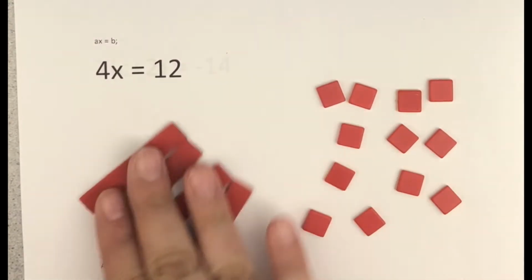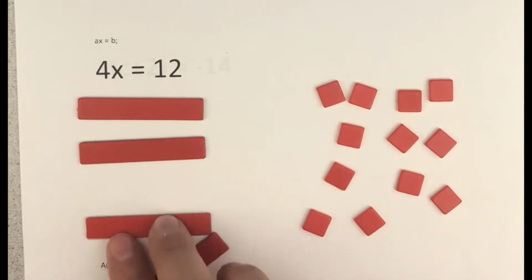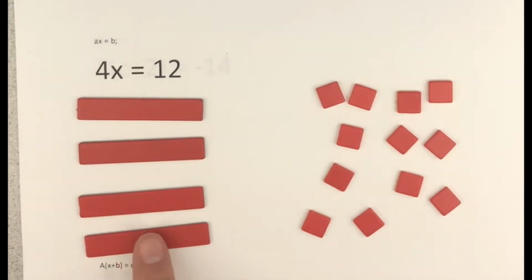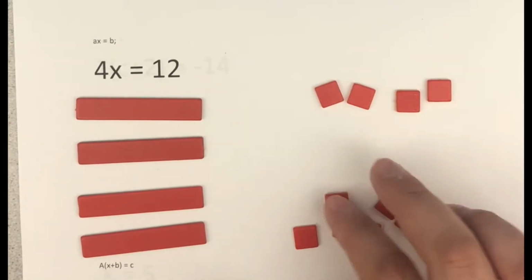So if we move these tiles, we now have 1 group, 2 groups, 3 groups, 4 groups. As with anything in algebra though, once we do something on one side, we always have to do the same thing on this side. So we have to break this into 4 groups.